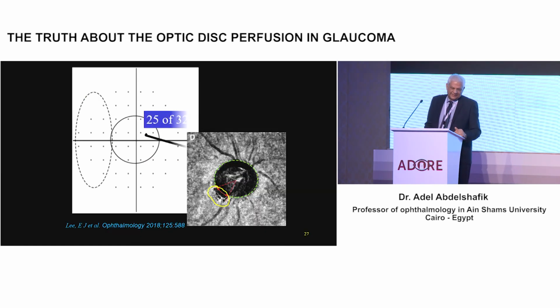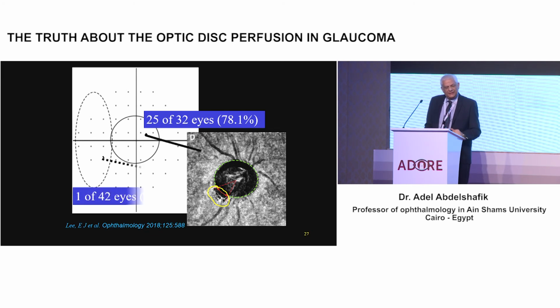And they found that when there was affection in the central 10 degrees, 25 out of 32 eyes, around 80%, got microvasculature dropout. On the other hand, in the group with the nasal area affection, only 1 out of 42 eyes got this microvasculature dropout.